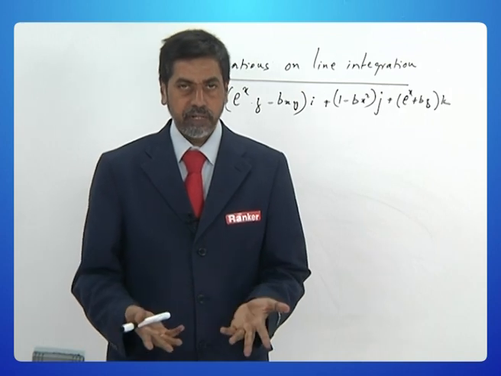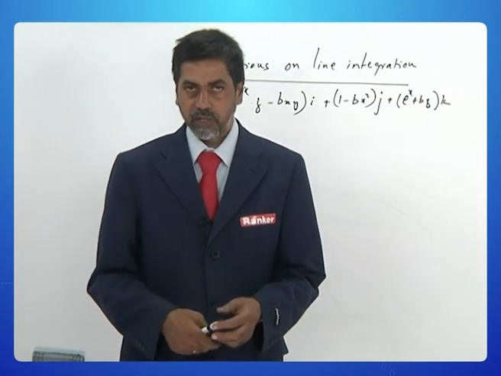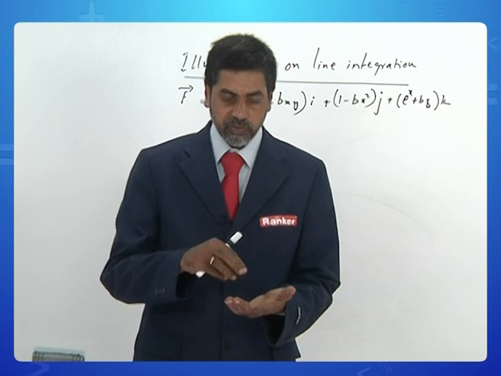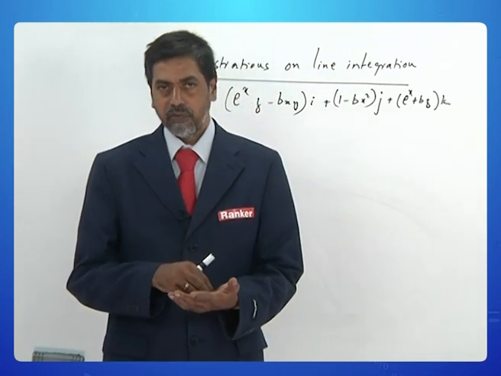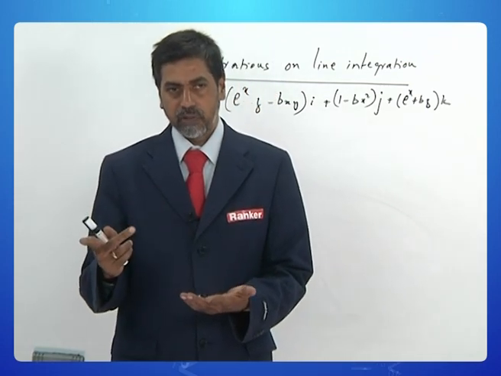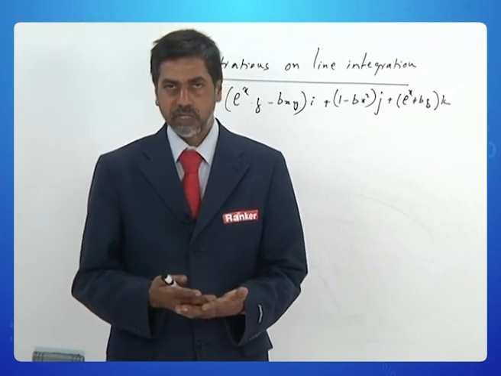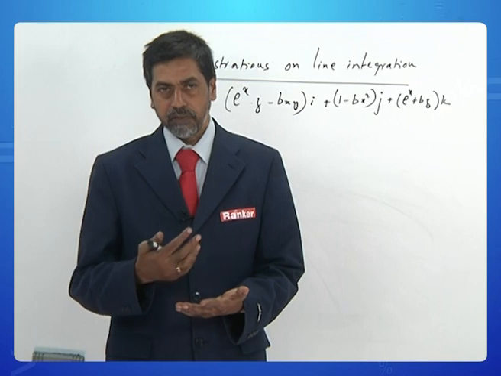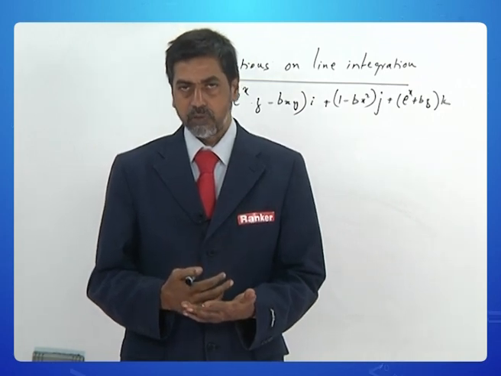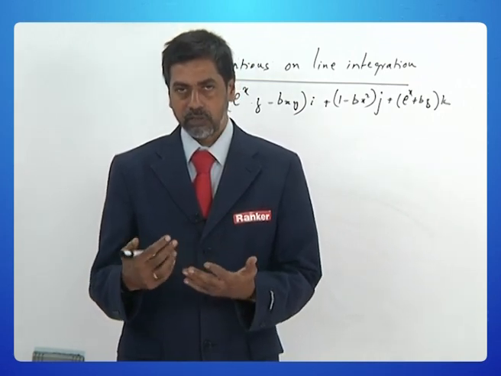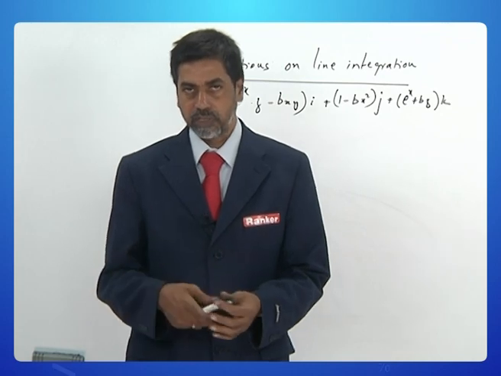It is already declared that the field is conservative. And we also know that whenever the field is conservative, we can find a corresponding scalar potential f or phi or whatever it is, such that the field is equal to the gradient of that scalar potential.